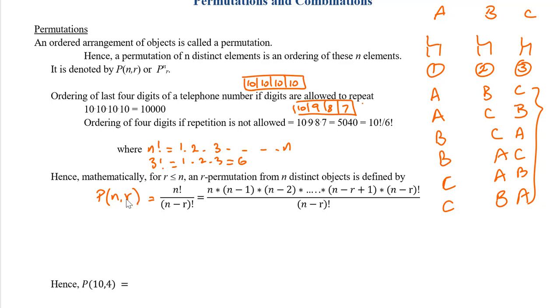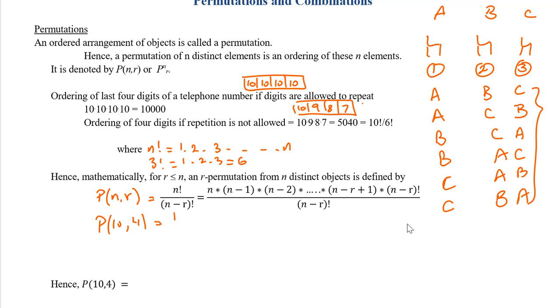For example, we have 10 numbers to choose from, 0 to 9, but we have only 4 slots to put these numbers in, for the last 4 digits. Repetition is not allowed.